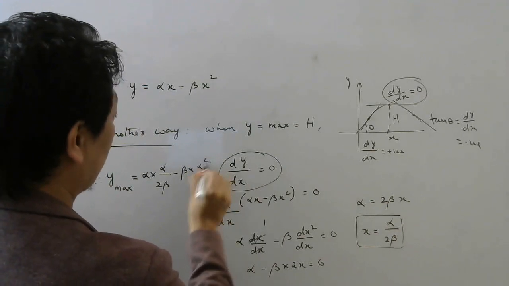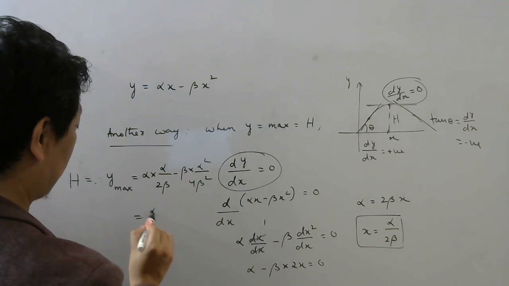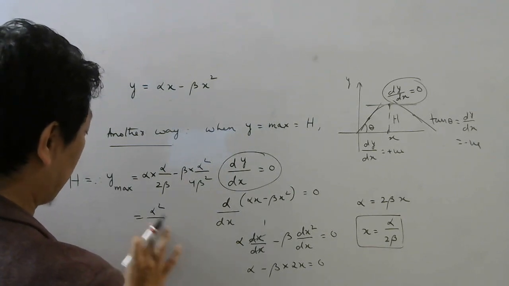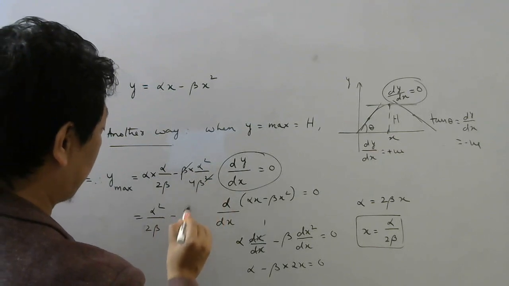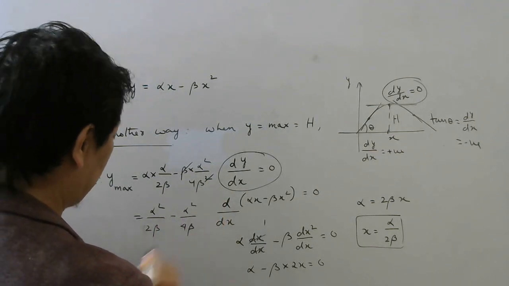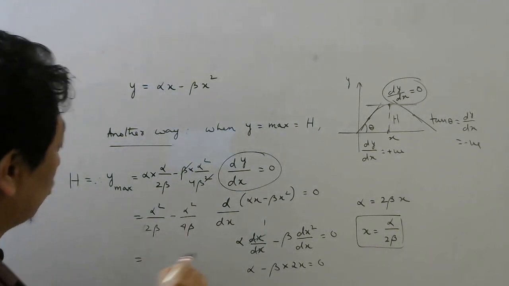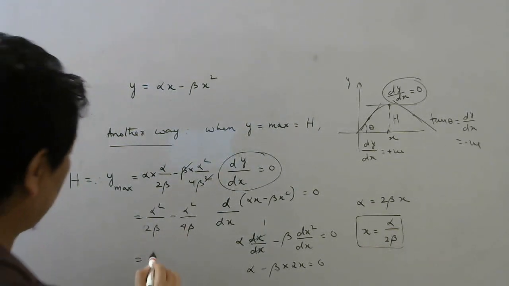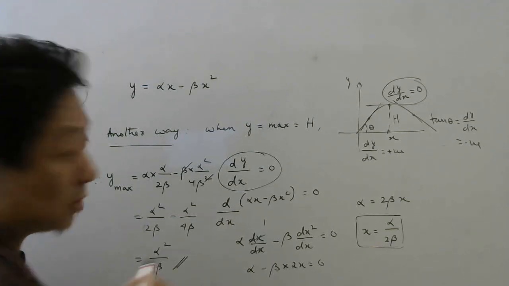So this will be alpha square by 2 beta minus alpha square by 4 beta, 1 beta cancels. If you take alpha square by beta common, you will get 1 by 2 minus 1 by 4. So that will be alpha square by 4 beta. The same answer which we got before, right? Let's see the next question.